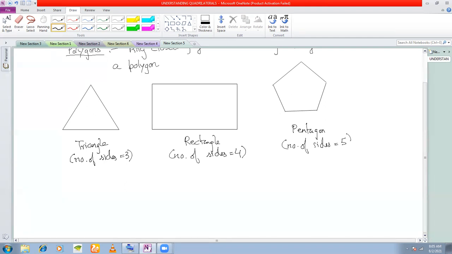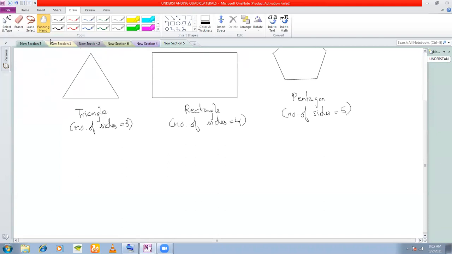Okay. So the number of straight lines that form the boundaries of the polygon are called the sides. So what are the sides of a polygon?